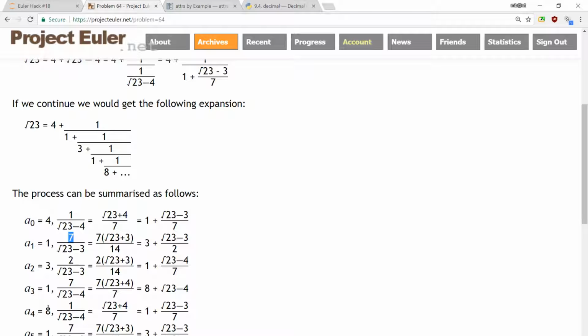Okay, fair enough. So what is it? 1 times 2 minus 3 minus 1. What am I missing? For A3, it's 1 times 7 minus the previous D, which is 3. So it's 4.